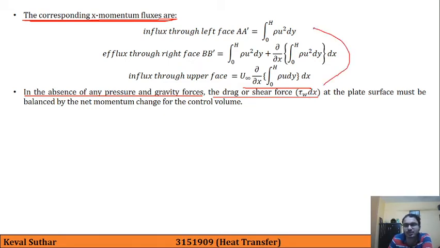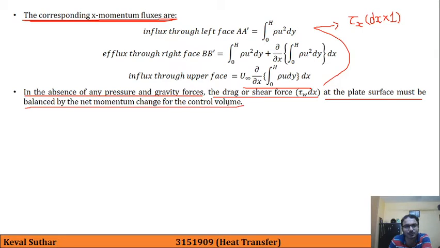So this is what is actually, if you see, tau x into dx cross 1, at the plate surface here, must be balanced by net momentum change for the control volume.